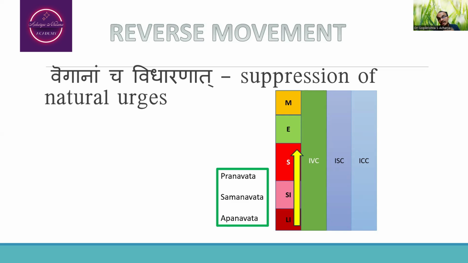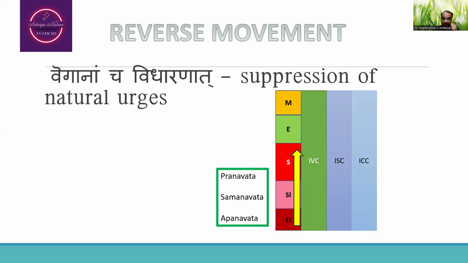So there will be a reverse movement of samana vata. Further, if the person continues the suppression, that is responsible for the reverse movement even in the stomach and upper parts. That is what we can say about the pranavata reverse movement, which results in vomiting, etc.